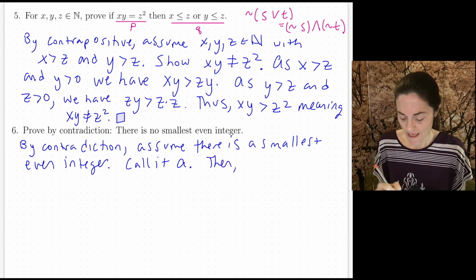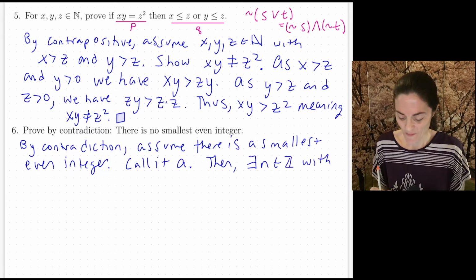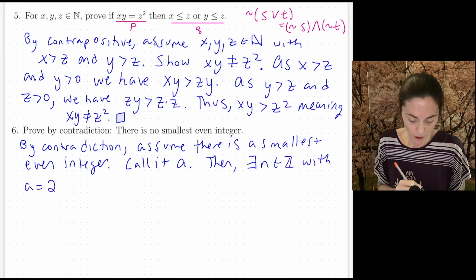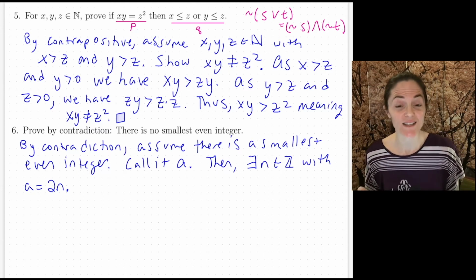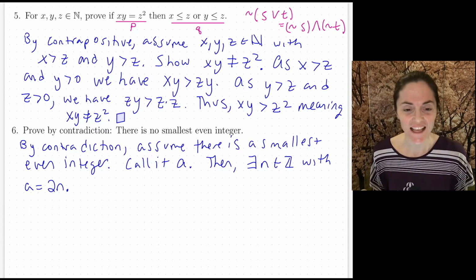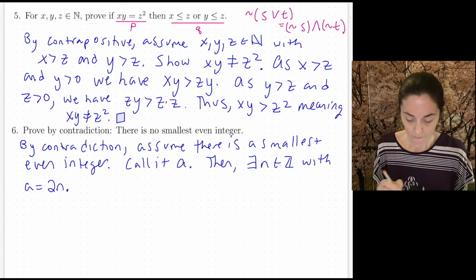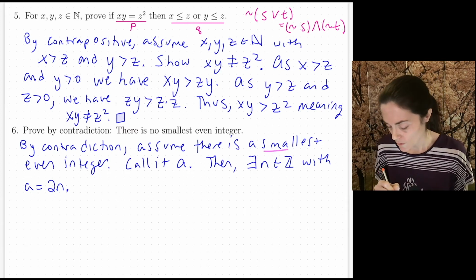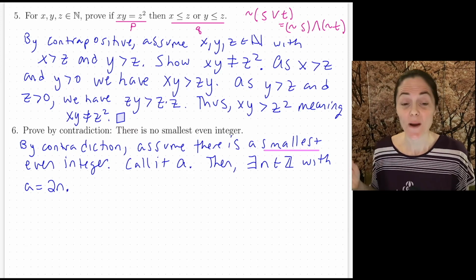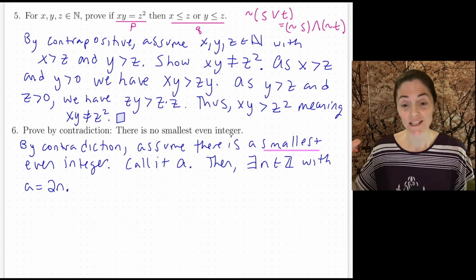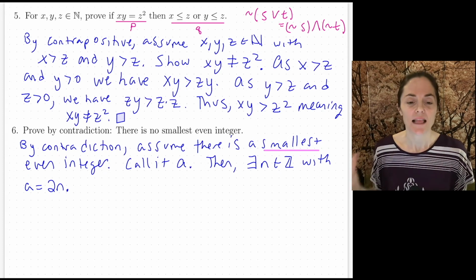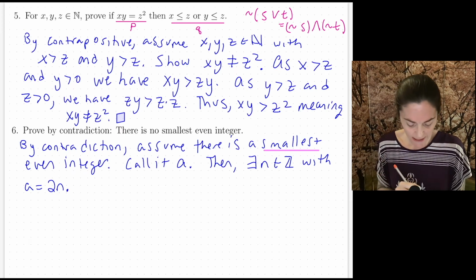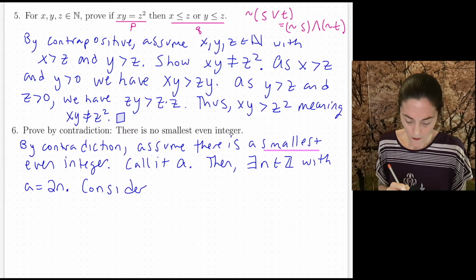Well, by the definition of even, there exists n in Z with A equals 2n. Now, what I need to do, what can I contradict here? I can contradict the following, this word, smallest. So I want to create an even integer that is smaller than A. And how can I do this? Well, consider y, which is 2n minus 2.